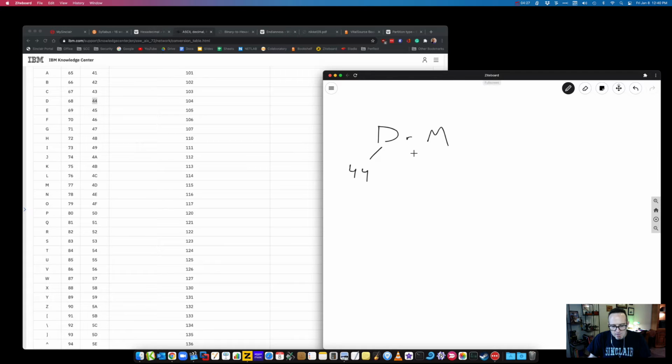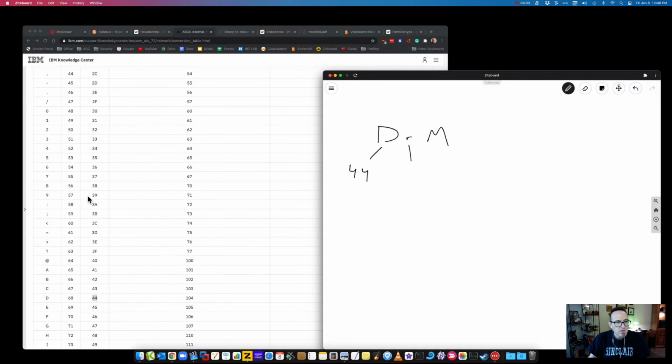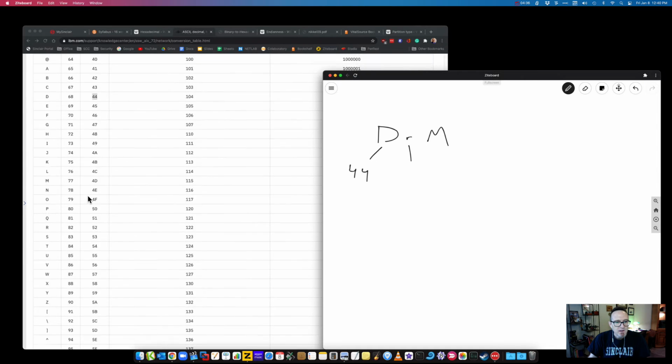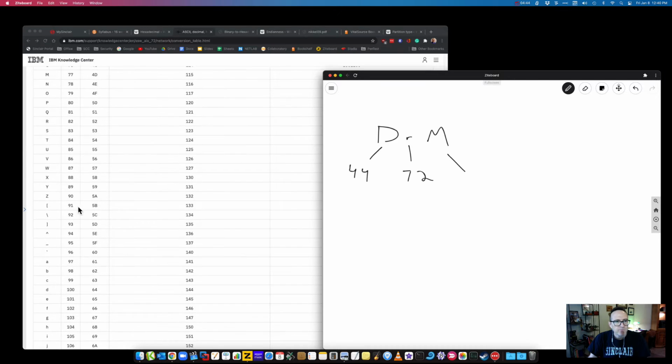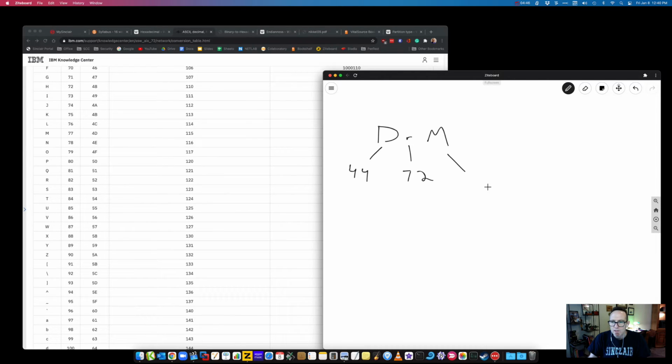And we have the r, which is lowercase r, so it's important. How the cases are represented in our tables are different. So upper and lowercase, 72, and uppercase M. And you can see here it's 4D. So this is what you'll see written to disk: 44, 72, 4D.